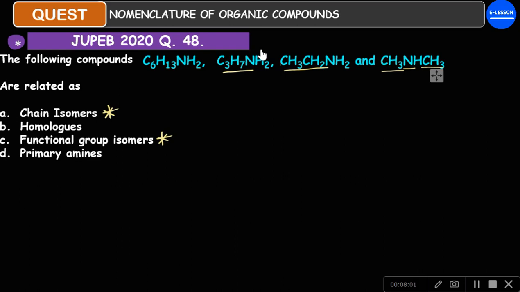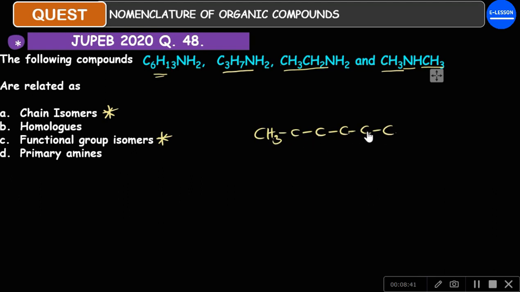Now the next thing is, are they primary amines? If you look at this one very well, from the look of things, you may say that this is a primary amine, but in the real sense, it may not really be. If you want to actually count, if you want to draw this, it may not even be a cyclic structure, it may just be a straight chain compound, CH3 C C C C C. This is 1 2 3 4 5 6.